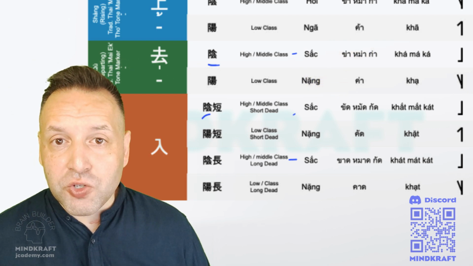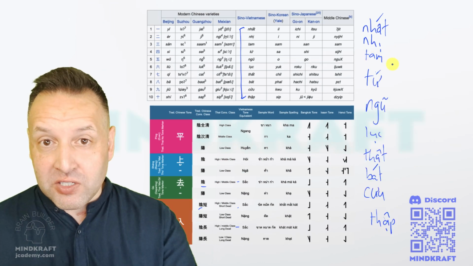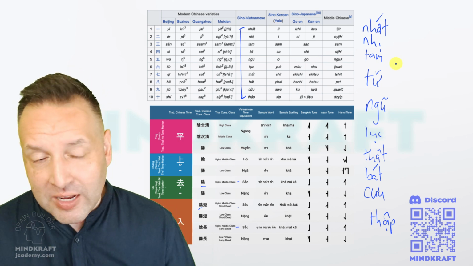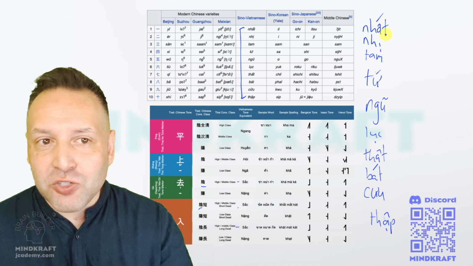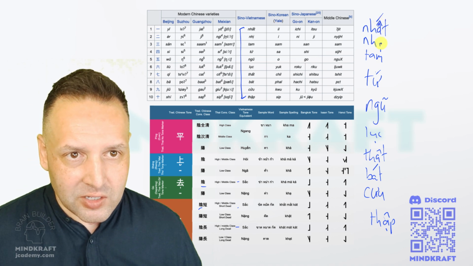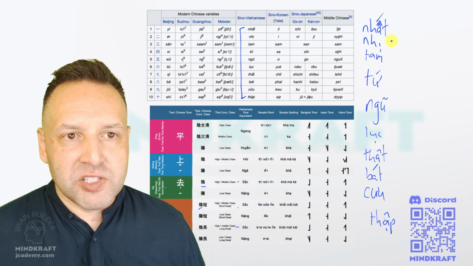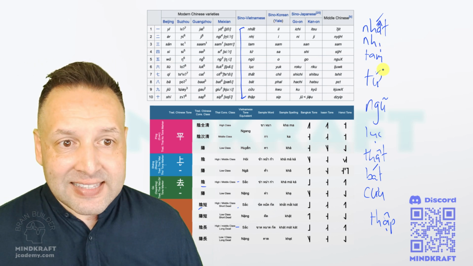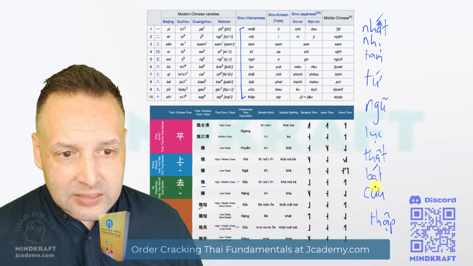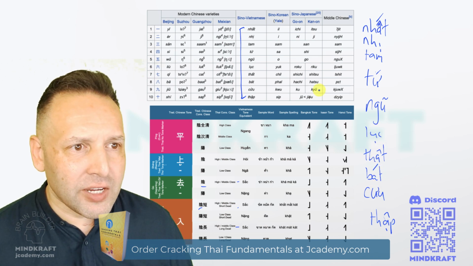So I'll just continue to write these out here in Vietnamese. We have Vietnamese numbers, which are 1, 2, 3, 4, and so on up to 10, but these are the Chinese numerals. Actually, this should be this letter here. So let me read them to you. This is nhất, nhị, tam, tứ, ngũ, lục, thất. Actually, that doesn't sound right.